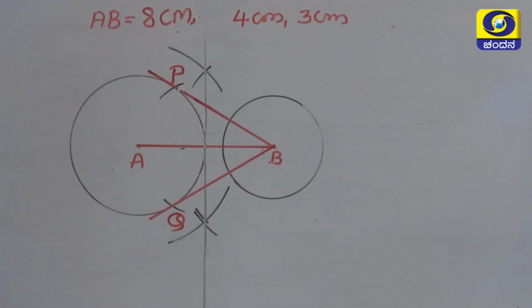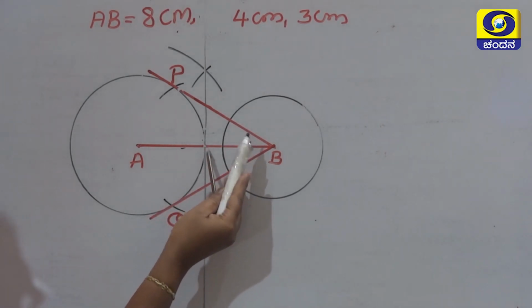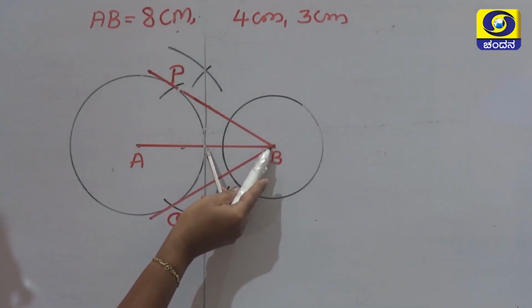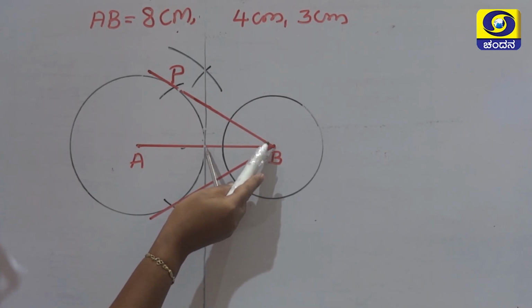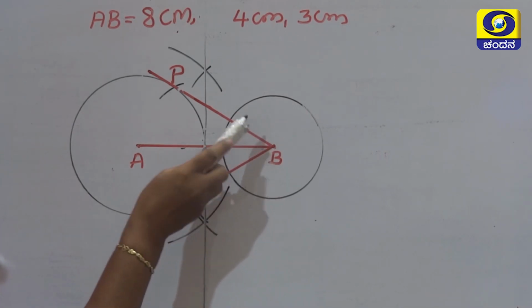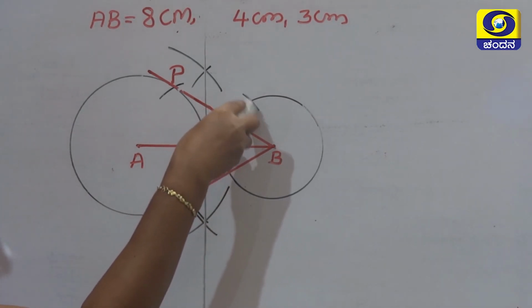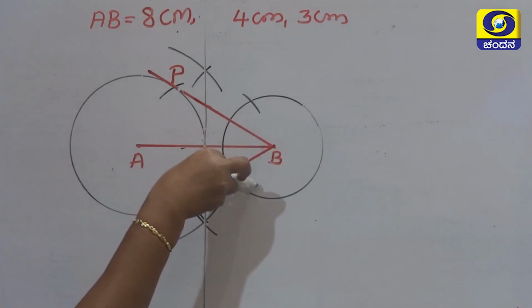Similarly, we have to draw tangents to the circle of center B from point A. For this we already have the midpoint. Now our work is only to take the distance between the midpoint and B, which is the same for both cases, and keep the needle at the midpoint and make arcs on the circle.